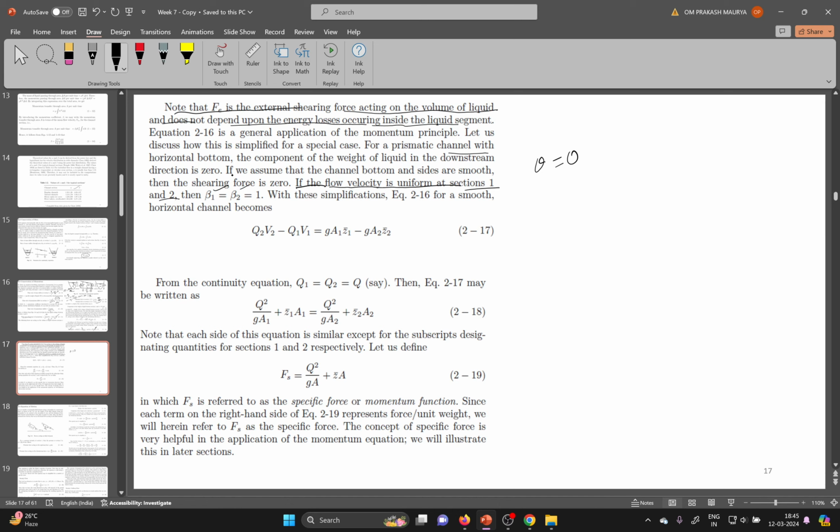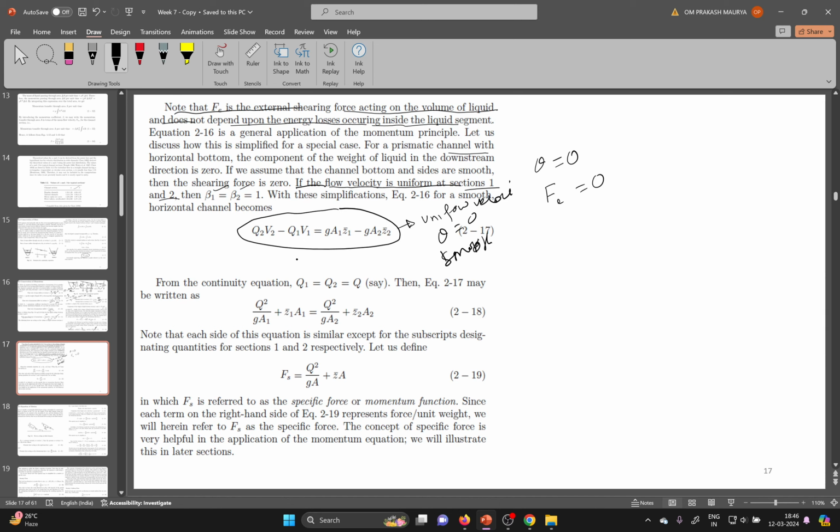And if we assume the channel bottom and sides are smooth, Fe will be 0. So this equation has lots of assumptions: uniform velocity, theta equal to 0, and smooth bottom wall and side wall. With these assumptions your derivation is like that.